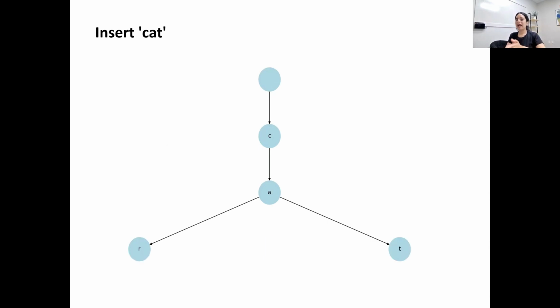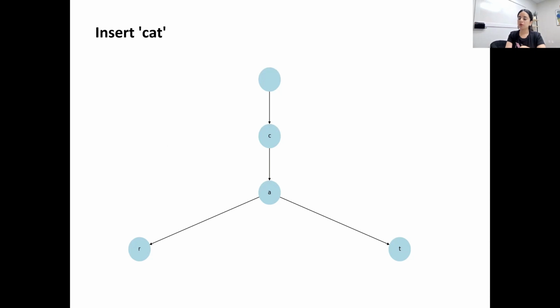Now, if I want to insert cat, again, this is very similar to the example that I did on the whiteboard, but again, the root is going to be empty, so what I search for is whether the root has any child with C. Since we already inserted car, it does have a child with C. It's going to go to it, and then it's going to see whether it has a child with the node A. Since we inserted car, what you will see is that it already has a node with A in it.